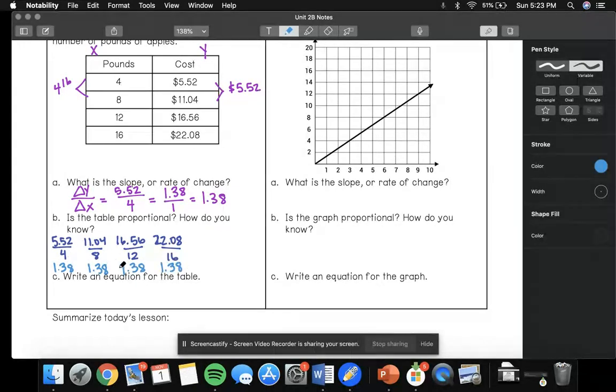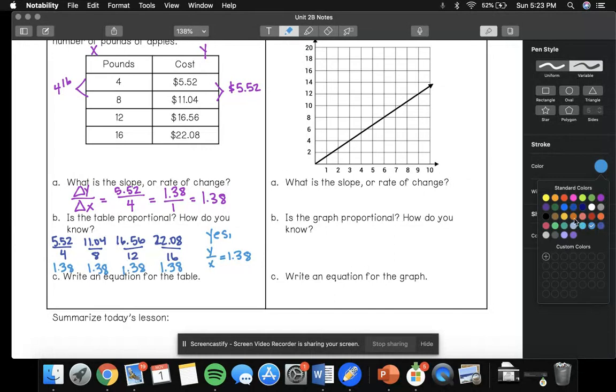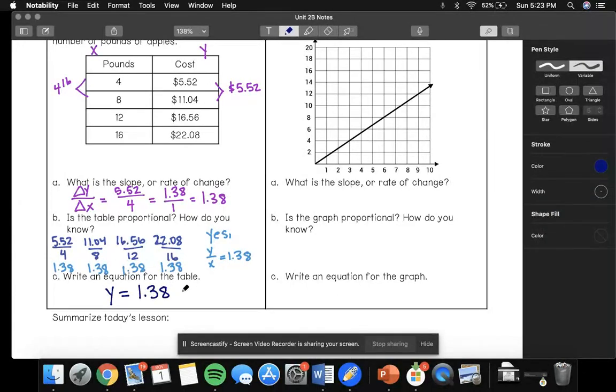So just looking at these ratios and simplifying them, they are proportional because all of them have a rate of 138. Okay? Because of this, we can write an equation. The equation is just y equals our slope times our input x. So our slope is 138 times our input x, and that is our equation.